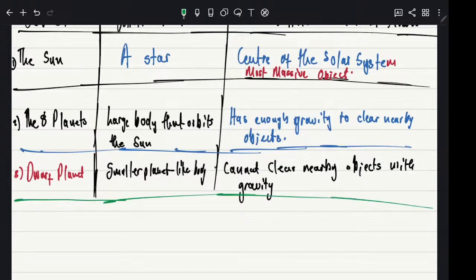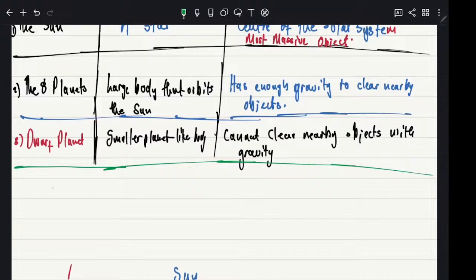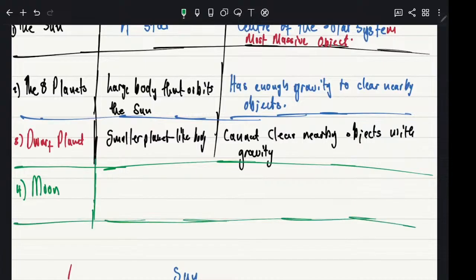Then now we say moon. Moon is a natural satellite. That is the moon. It's a natural satellite. What is a natural satellite? We know that a satellite is just something which orbits a planet.